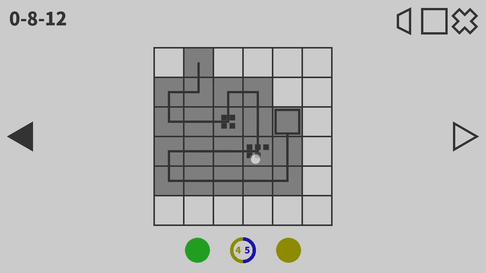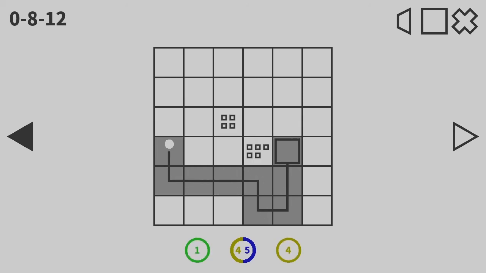Like, maybe I'm supposed to leave a hole in the middle and somehow, like, both shapes wrap around the hole, but okay, sure.